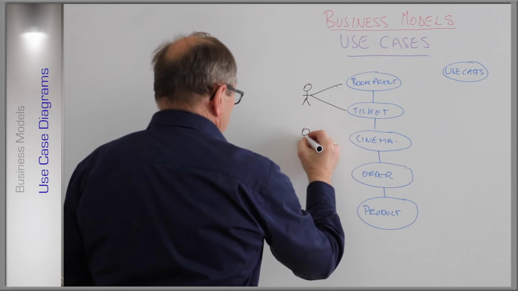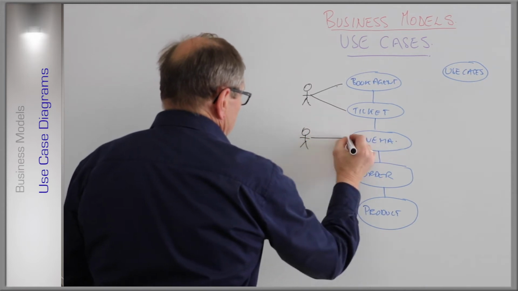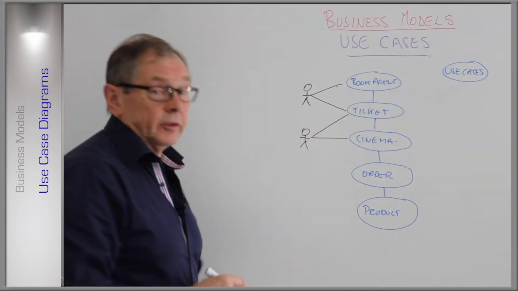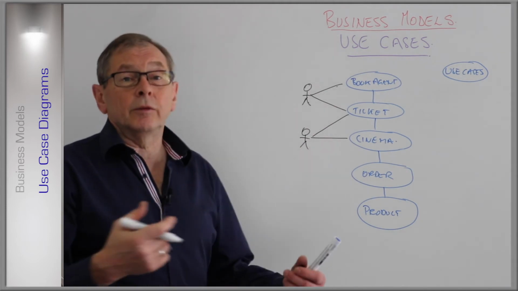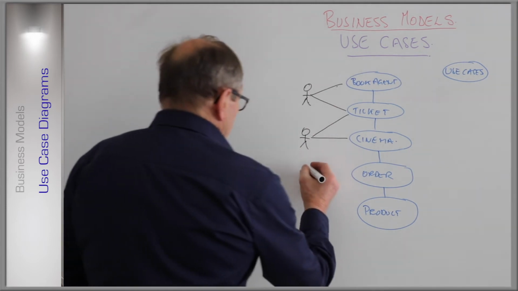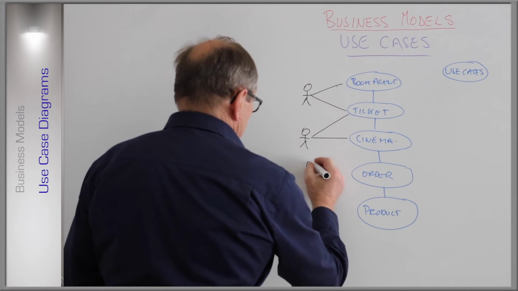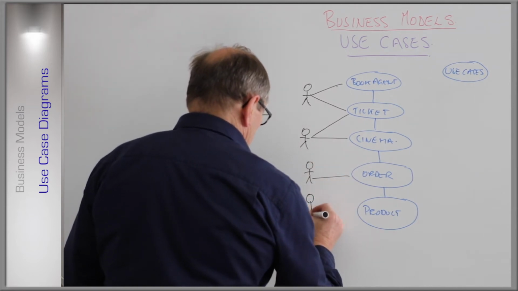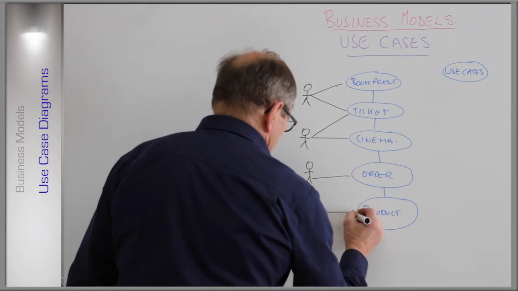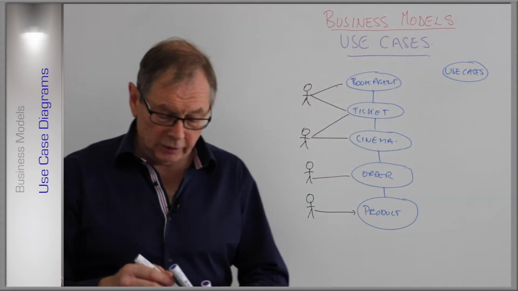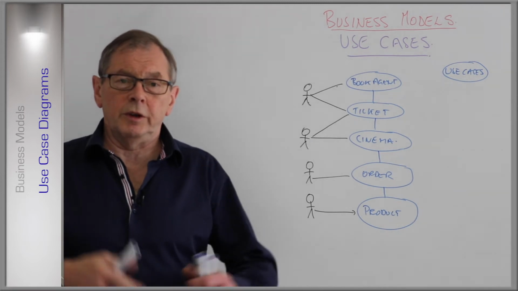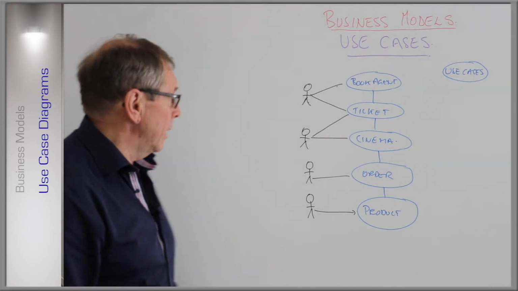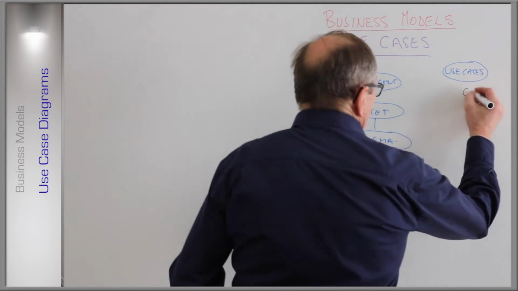There'll be someone else who may well be involved in the cinema and therefore linked to the ticket, because the cinema is providing the ticket for you. And then that person might be back down here who will place the order, and there'll be another actor down here who will actually be providing the product, the ticket itself, and looking at all the other bits that go around it. So here we have our actors.